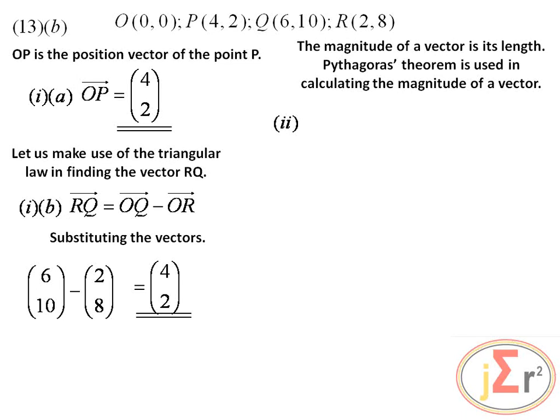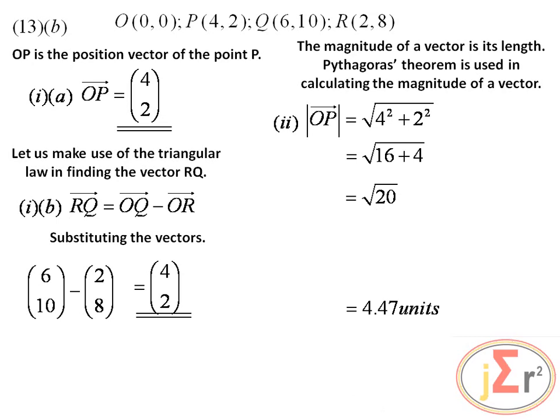And we need to determine the length of which vector? OP. So the length of OP is equal to the square root of 4 squared plus 2 squared, the square root of 16 plus 4, which is the square root of 20. That turns out to be 4.47 units. The magnitude is found by using Pythagoras' theorem.